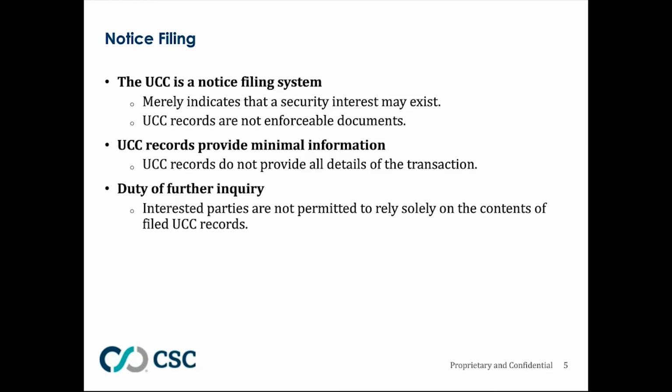They have to conduct further inquiry of the parties to learn all those details. And that is how the UCC system is intended to work. The filing office provides the information, and those who search the records are responsible for interpreting it and determining what it means. In fact, the role of the filing office is somewhat limited.